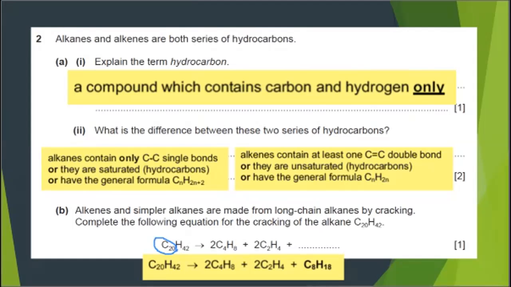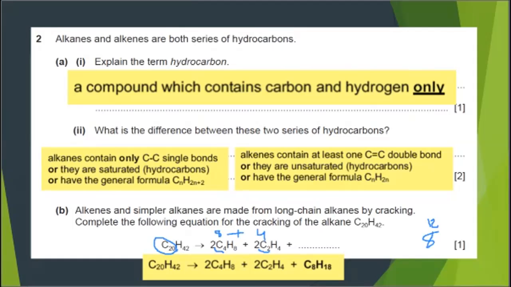On the next side, I have 4 2s are 8 carbons here. And I have 2 2s are 4 carbons here. So in total, I have 8 plus 4 is 12 carbons I have already used up out of 20. So I ask myself, 12 and how much will make 20? And the answer is 8.